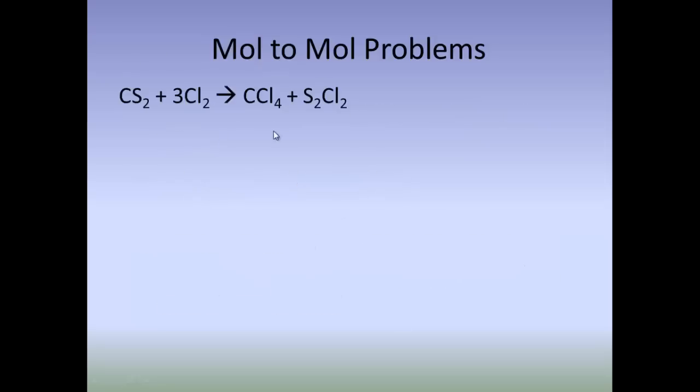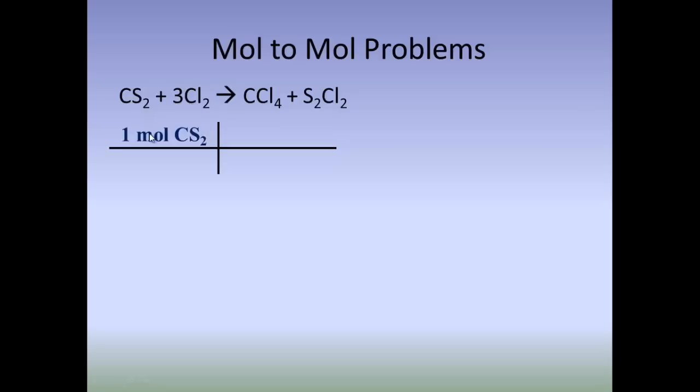So here's our equation again, balanced just like it was before. Remember with factor label, you always start with your given. Our given was 1 mole of CS2. We're looking for moles of Cl2. This is where we want to end up, moles of Cl2. So how do we get there? Moles of CS2 need to cancel. I need to get rid of them if I want Cl2 in my answer.